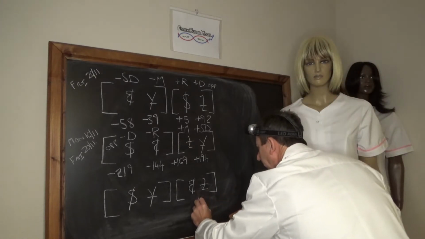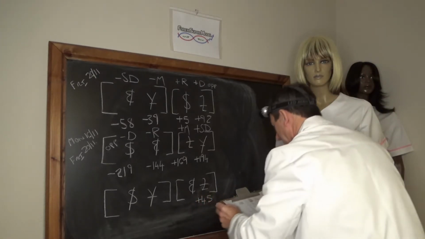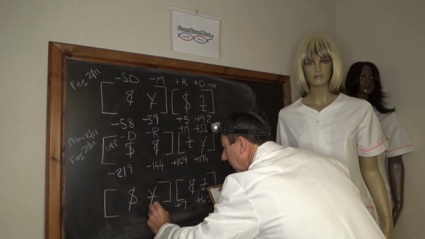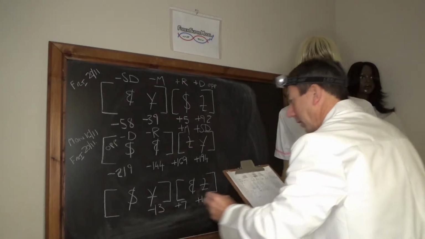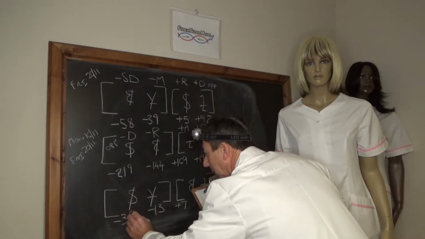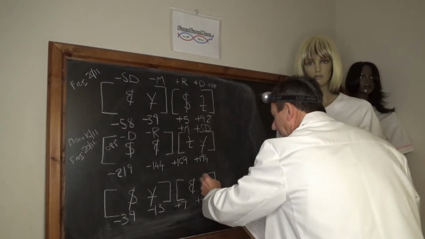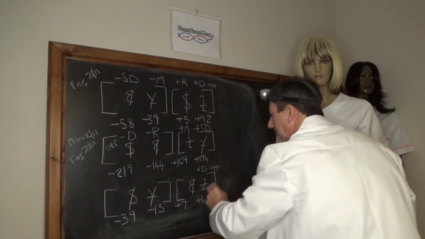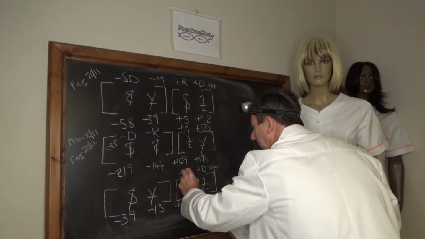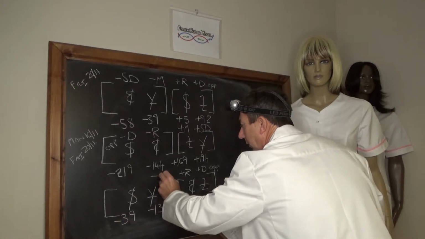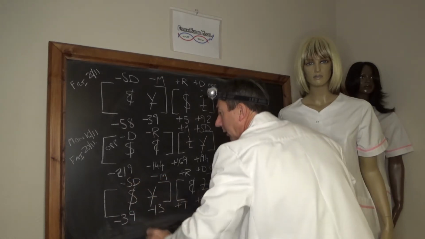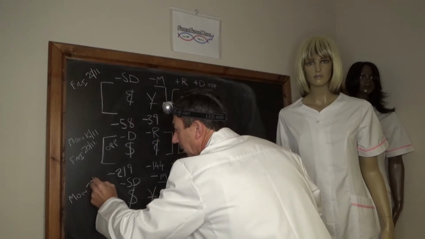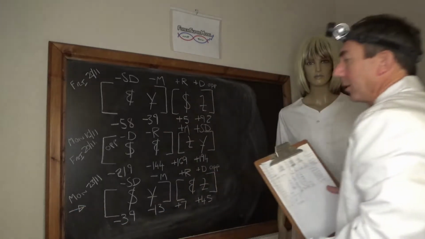Right, we've got plus 45 on the pound, plus 7 on the euro, minus 13 on the yen, and minus 39 on the dollar. So we've got a positive opposed driver in the pound. It's opposed by the euro, so it's got a positive rock, negative mover and a negative secondary driver. So this is Monday the 23rd of the 11th, which is today, to about half an hour ago.